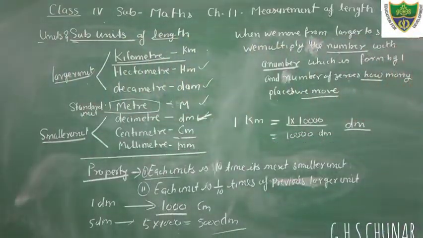We multiply the number with the number which is formed by 1 and the number of 0. How many?